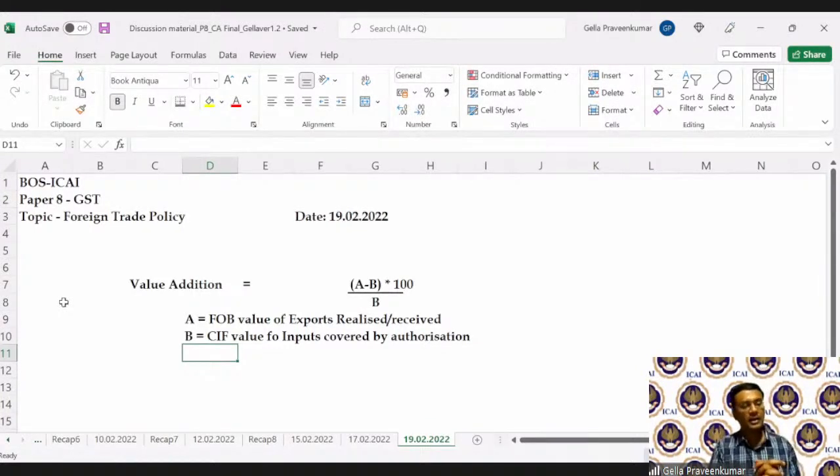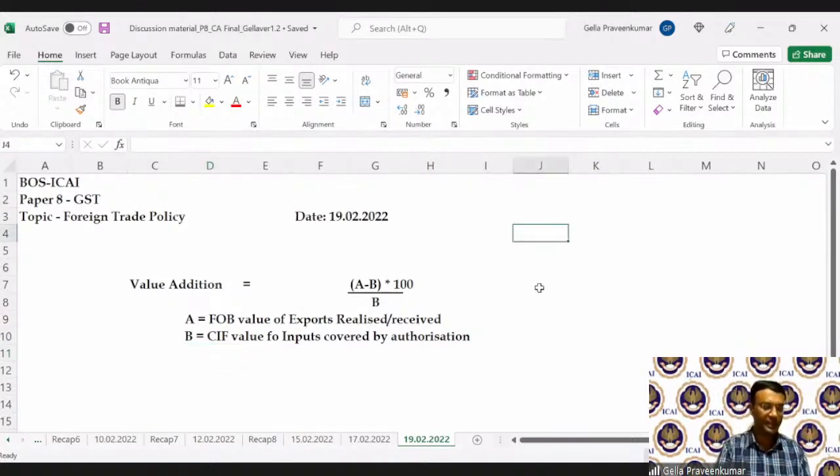Now, here there could be a possibility that I could have free of cost material; I'll come to that a little later. For the time being, they say, look, I've permitted you to import 2.5 crore worth of material. Your export should be at least a minimum of 15%.